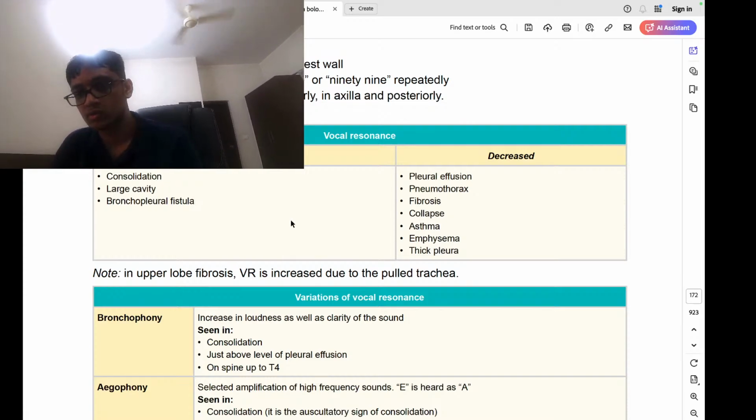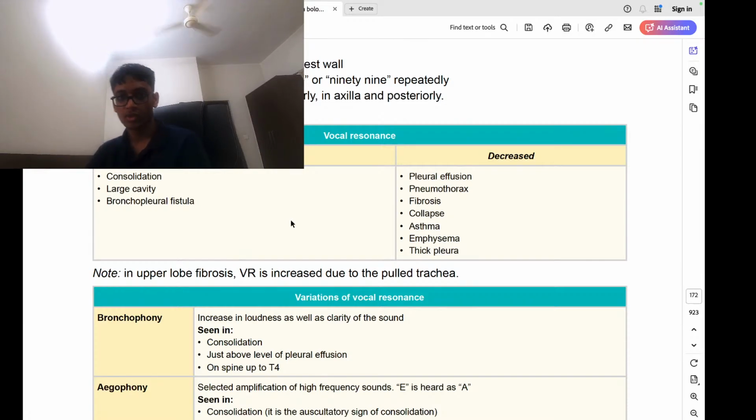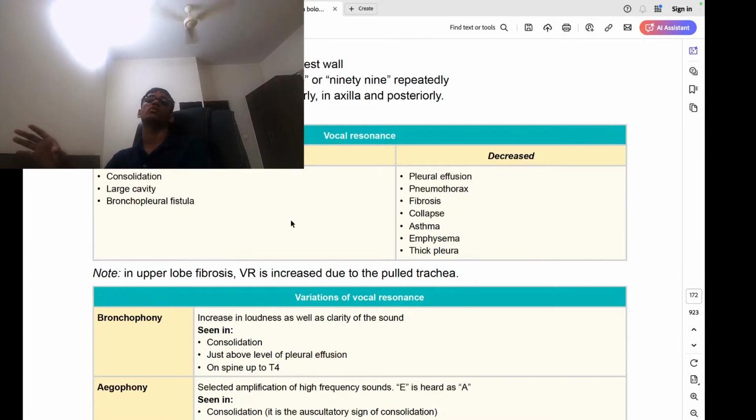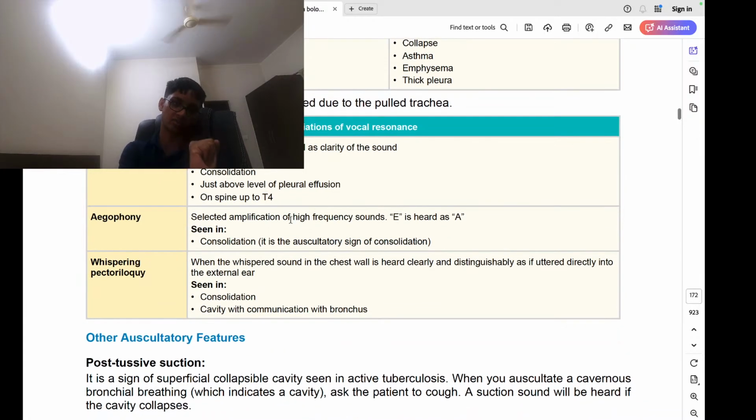Only consolidation, large cavity, and bronchopleural fistula increase it; everything else will be decreased, except upper lobe fibrosis, where it is increased due to the pulled trachea.